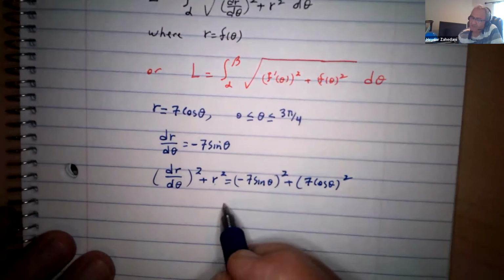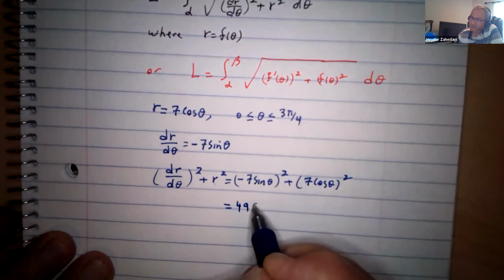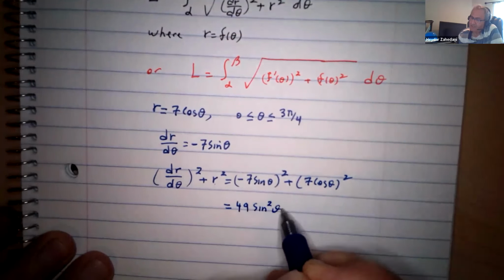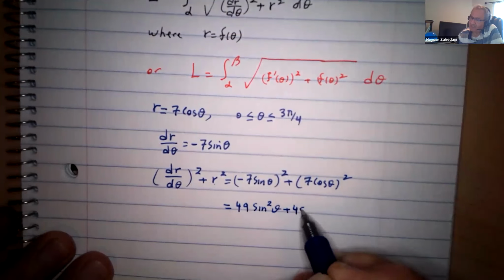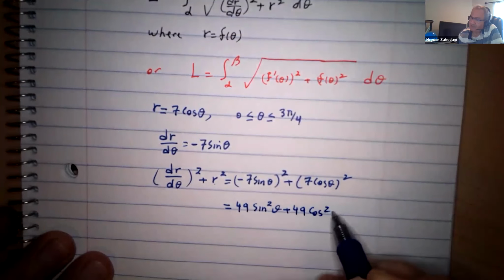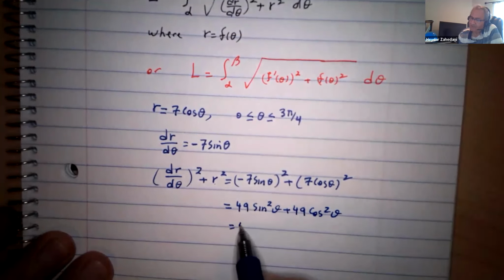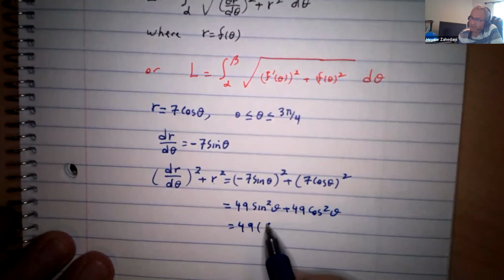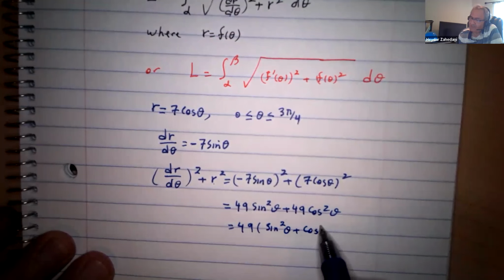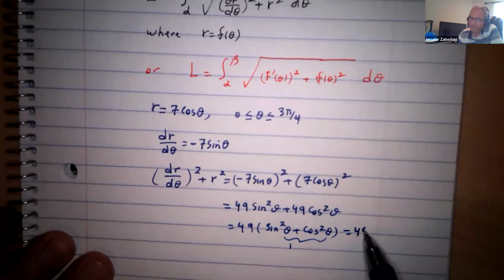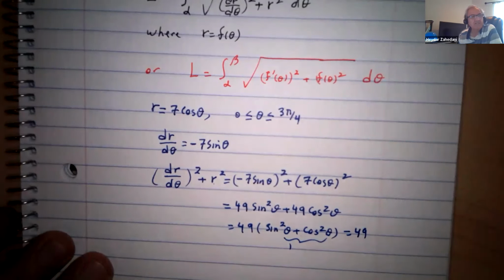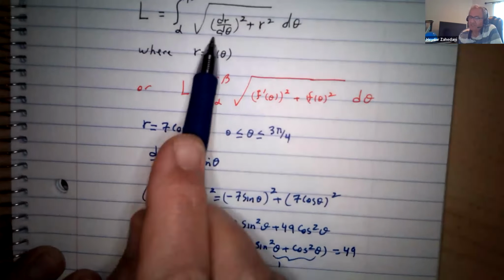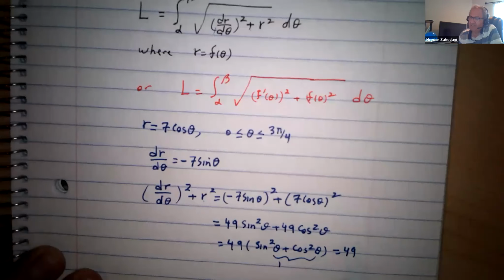The square of the first one would be 49 sine squared, and this is going to be 49 cosine squared. If you factor out the 49, the leftover is 1 times sine squared plus cosine squared. You know that this is equal to 1, so that gives 49. So the expression inside the radical is 49.